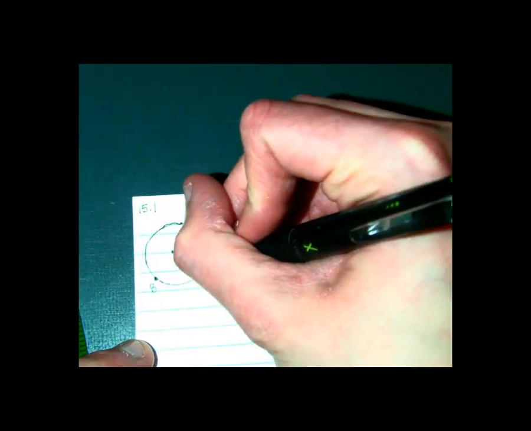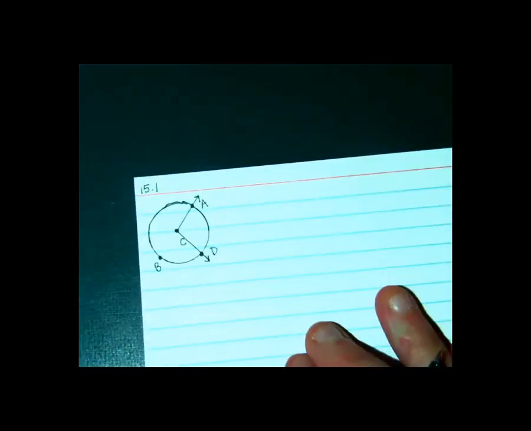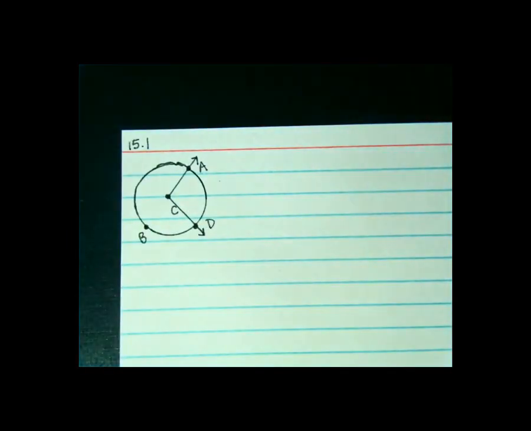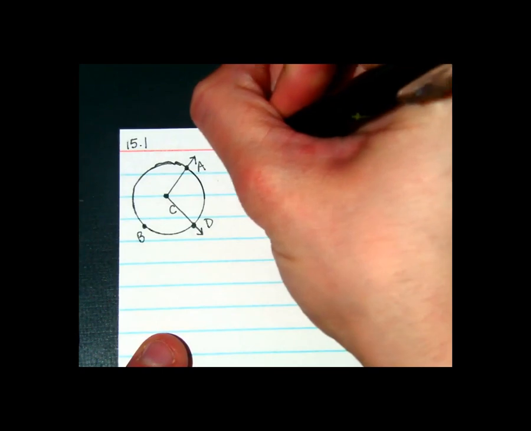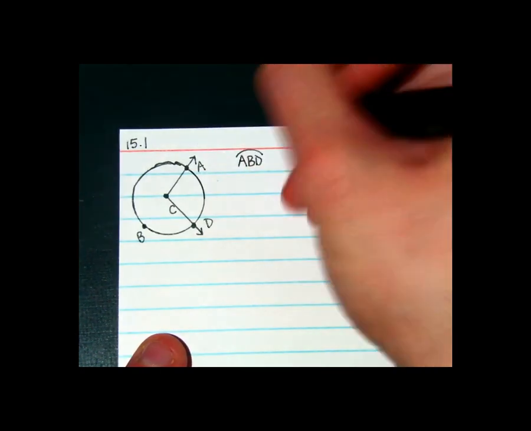Put a point over here called A, a point called B, and D. Alright, there is absolutely a reason that you have to name a major arc with 3 letters. Our major arc is ABD.